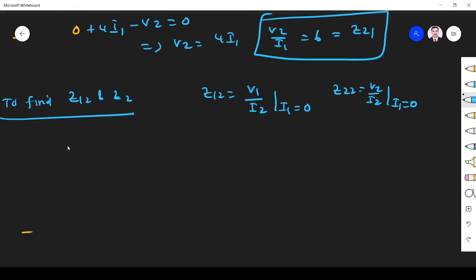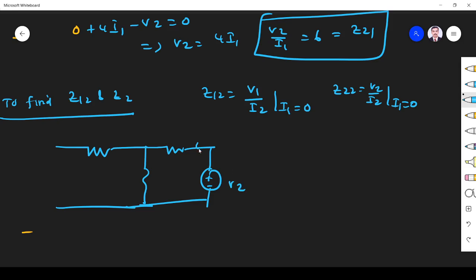So the circuit will be like this. Now we have output I2, input is open, V1, I1 is 0. This is 12 ohm, 3 ohm, 4 ohm.